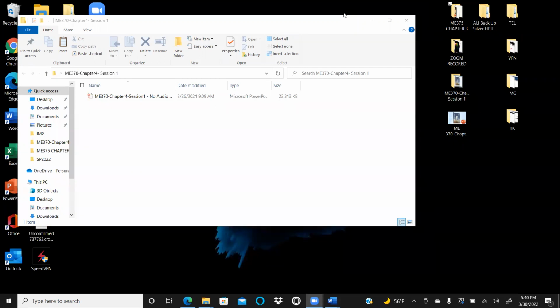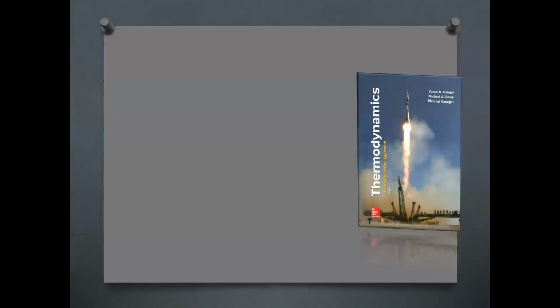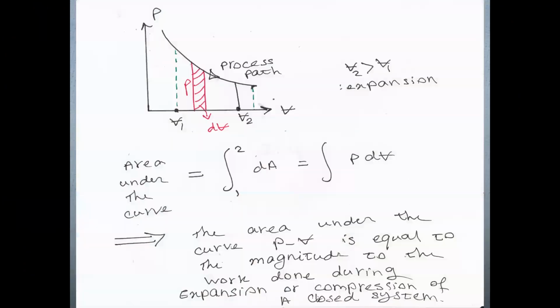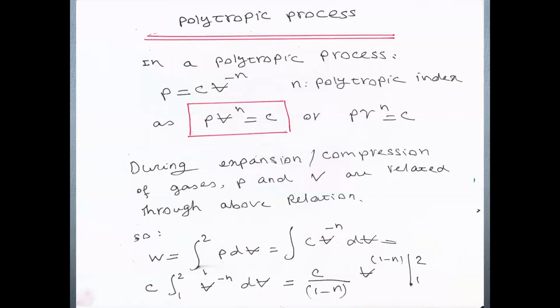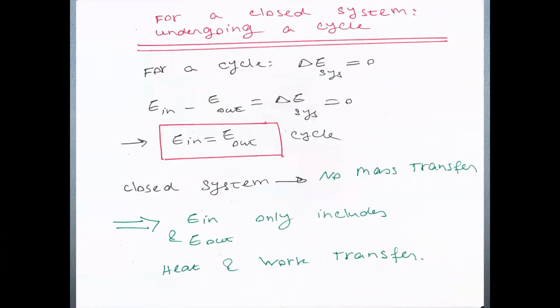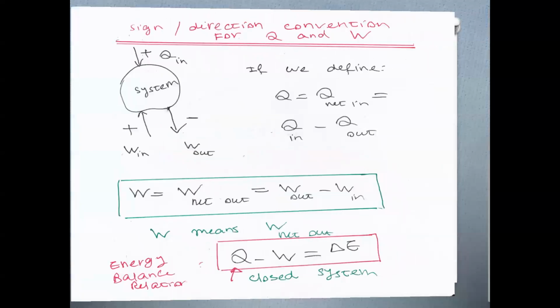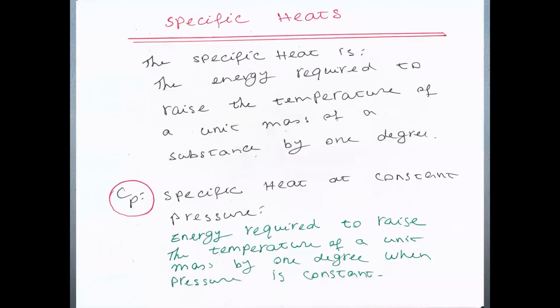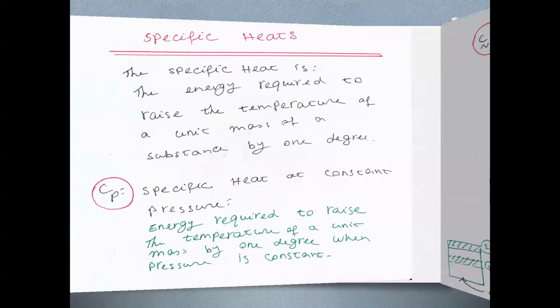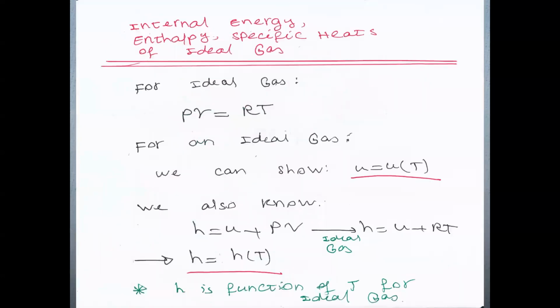We are in chapter 4, applying first law to a closed system. We were up to, we talked about the specific heat, CP and CV. Did we talk about the specific heat, CP and CV? Yes or no?